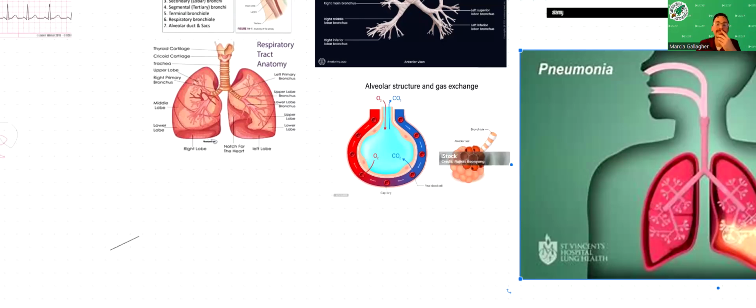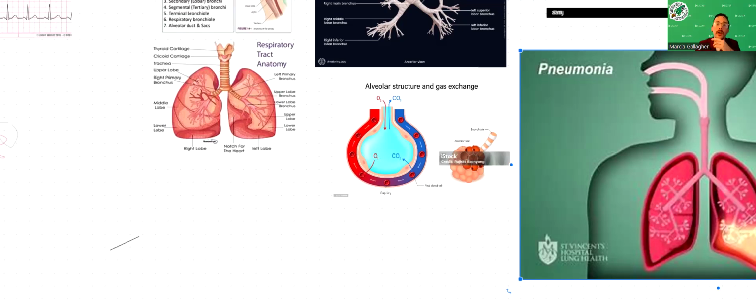There's also something called a saddle PE, or a saddle pulmonary embolism, where there's two main branches of your veins right here that it'll just plop right there, and now the blood getting to your lungs from your heart to be oxygenated isn't getting to the capillaries.